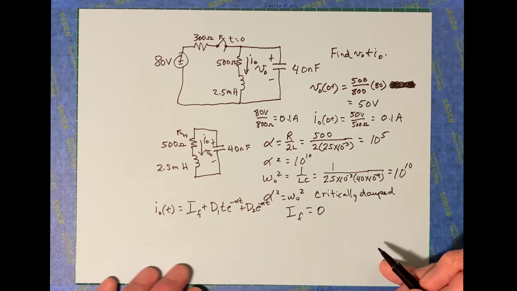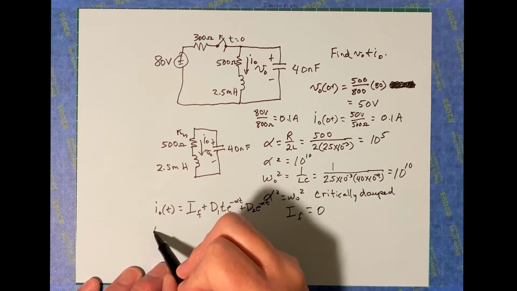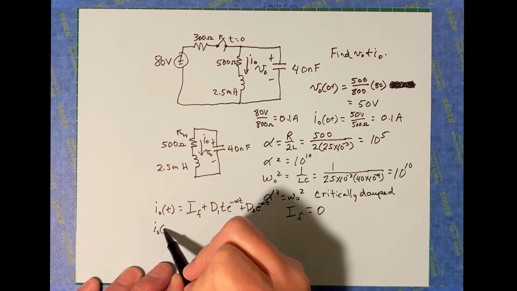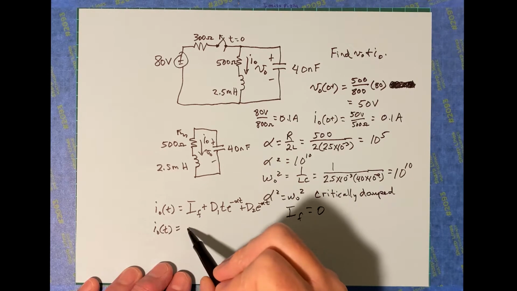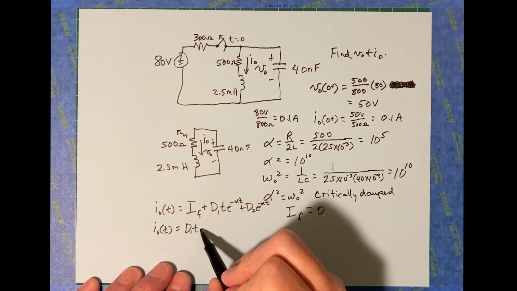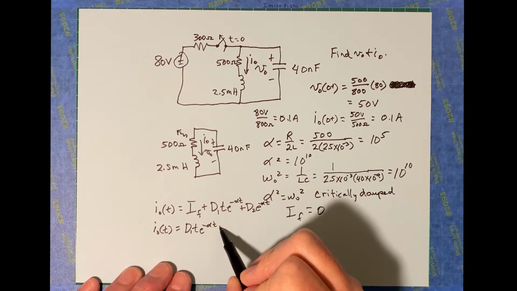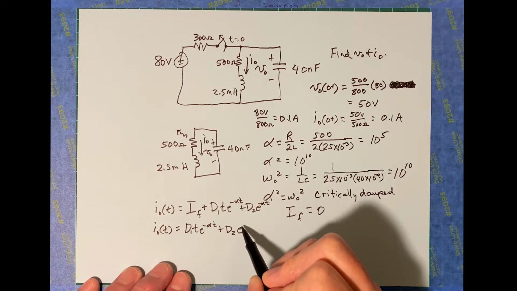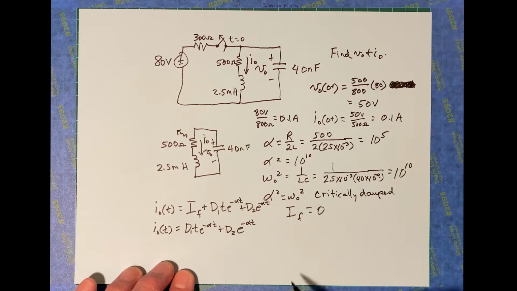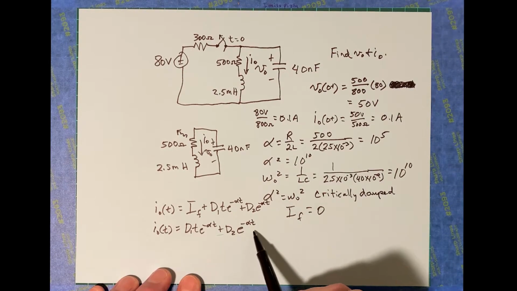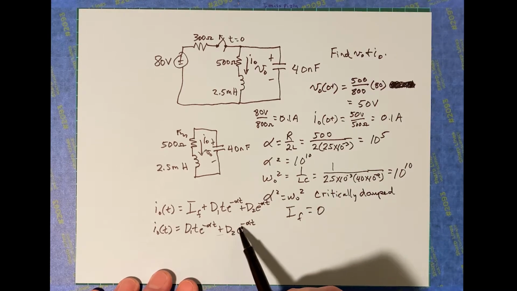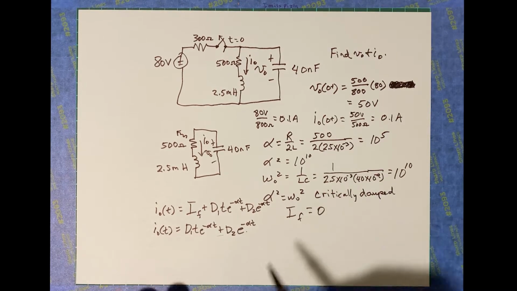If that's the case, then i naught at t is just d1 t e to the negative alpha t plus d2 e to the negative alpha t. And as t goes to infinity, the exponentials are going to win, and it's going to end up being 0. So that makes sense.